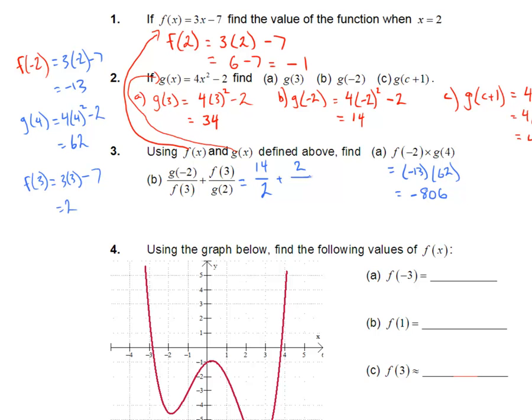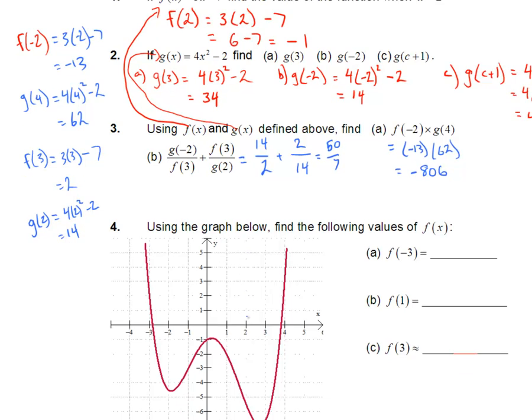Plus 2 over g of 2, which we don't have. g of 2 is going to be 4 times 2 squared minus 2, which is 14. And if we add those together as a fraction, we get 50 over 7.